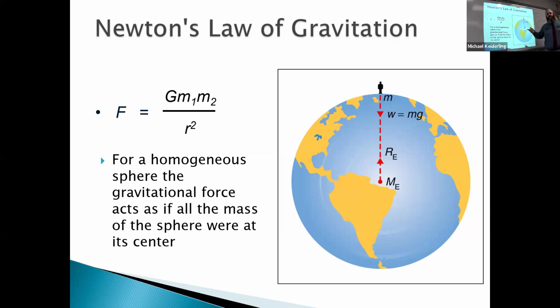You can treat it as if all the mass was at the center of the sphere. So this works for a solid sphere, but also for a hollow ball. So for something like the Earth, you can say the Earth is basically a sphere. We can treat it like a ball and say all the mass is at the center of the Earth.